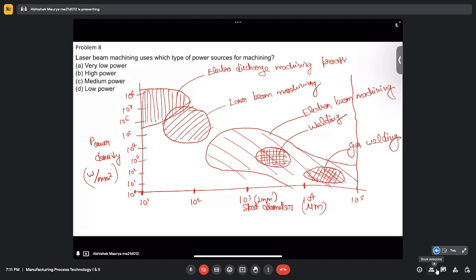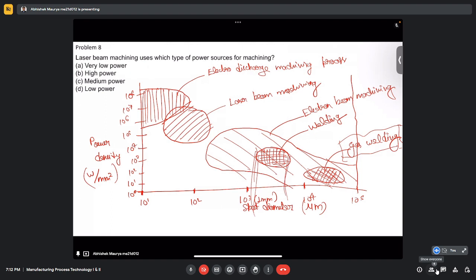So what we can see from this diagram is that we have categorized the different power sources based on their power density as well as the spot diameter which is possible. For gas welding, we cannot get a smaller spot diameter. It is more than 1 mm. So gas welding cannot be used for cutting very intricate or very narrow shapes. Similarly, arc welding also has limitations.